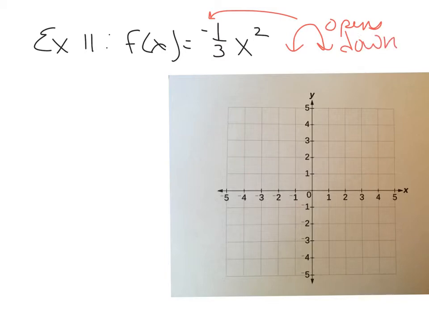And the 1/3 has an absolute value that's less than 1. So this will be wider than the standard. So we're going to draw the standard in. This is f of x equals x squared.